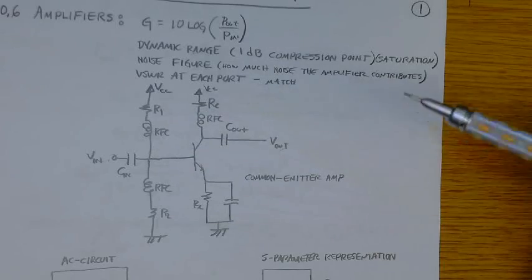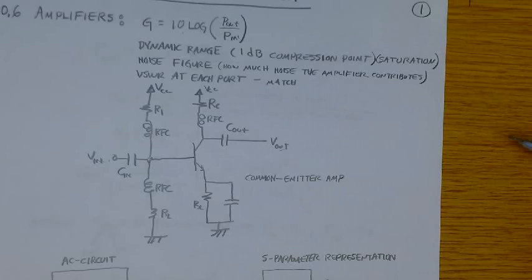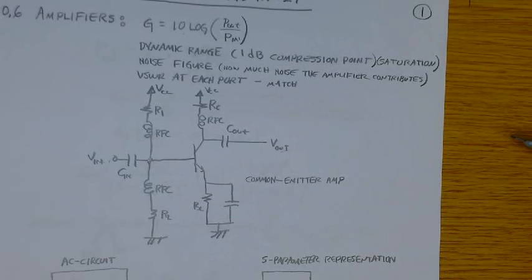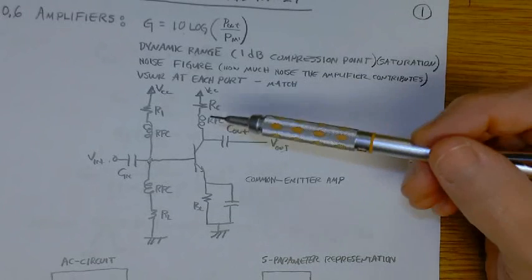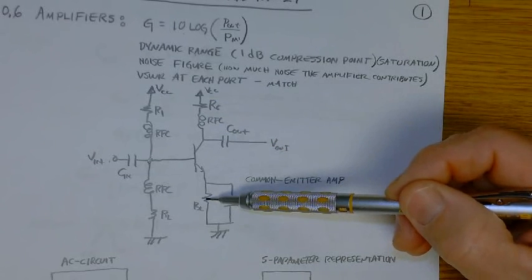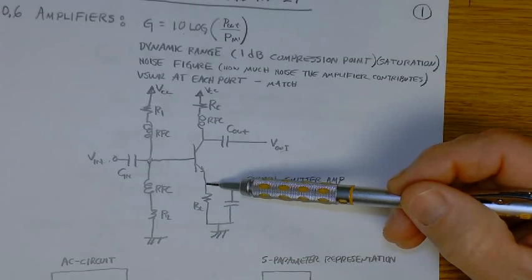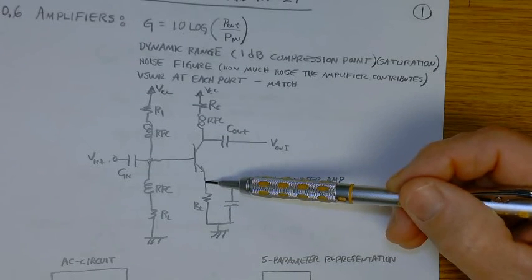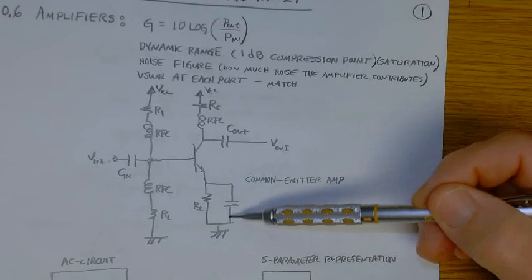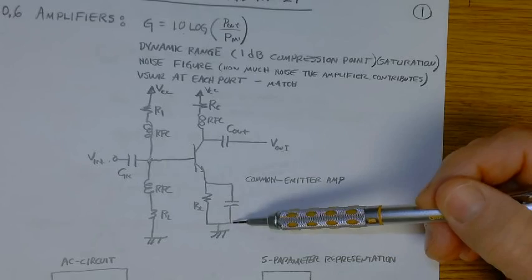These are adjusted so that the amplifier is biased at some point. And then note here, you've got the emitter resistance that's bypassed via this capacitor. So as far as the AC circuit is concerned, the emitter resistance is a short to ground through this bypass capacitor.